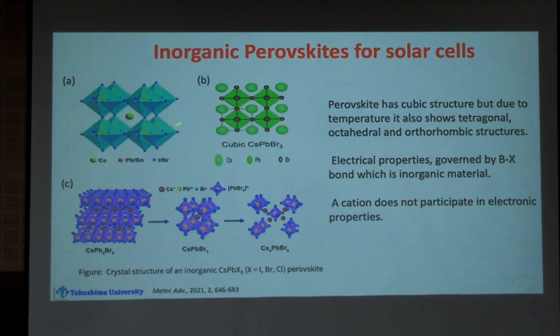Basically they are cubic, but they can be found in various forms like tetragonal, which has 4 atoms, octahedral, which forms an octagon shape, and otherwise orthorhombic. The electric property is governed by BX3. You can see here, this X stands for iodine, bromine and chlorine.